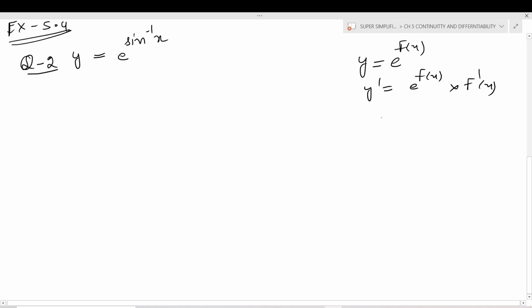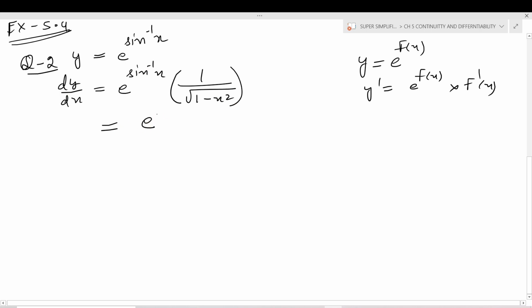Here f(x) is sin inverse x, so y dash, that is dy by dx, is going to be e raised to the power sin inverse x multiplied by the derivative of sin inverse x. What is the derivative of sin inverse x? 1 upon square root of 1 minus x square.